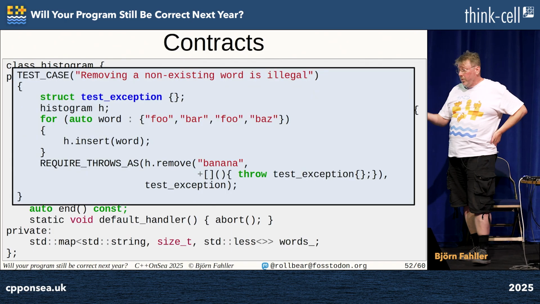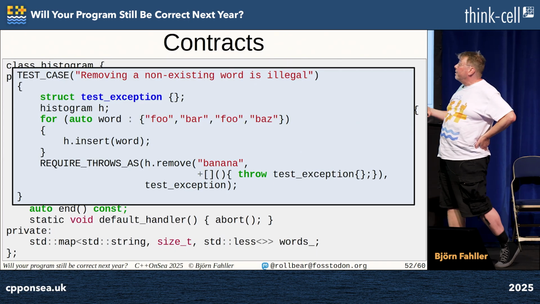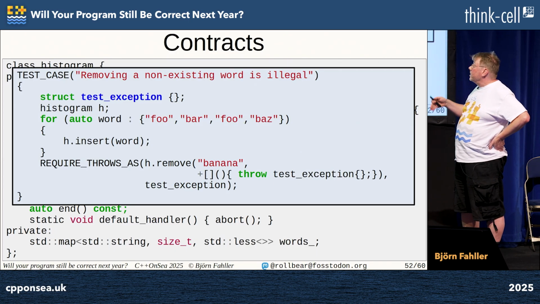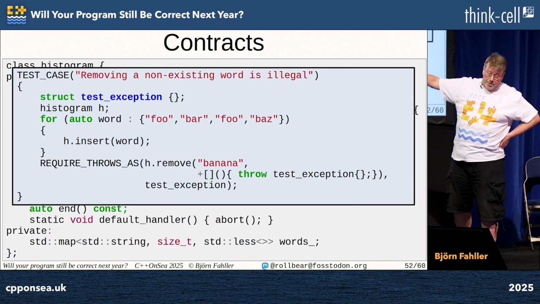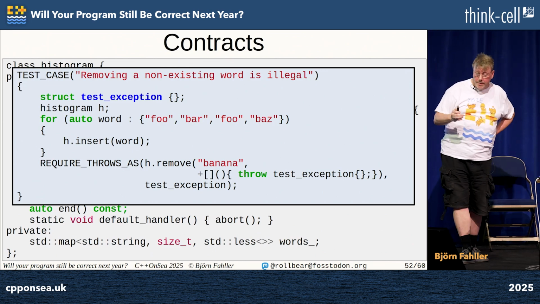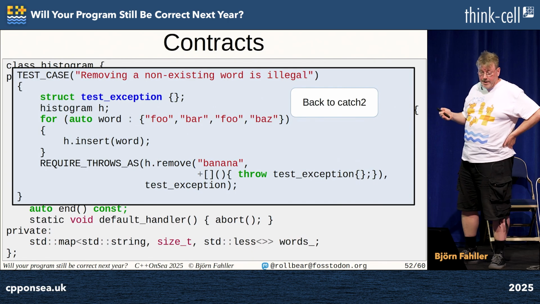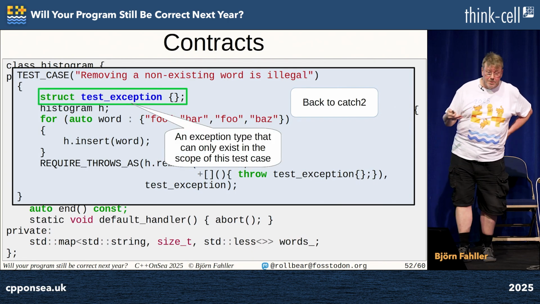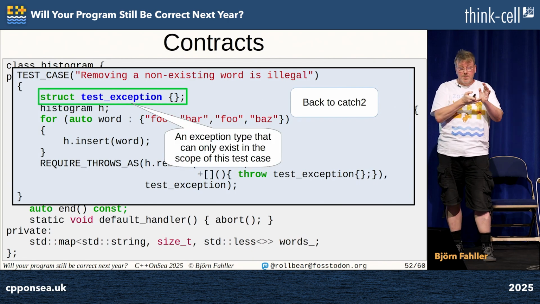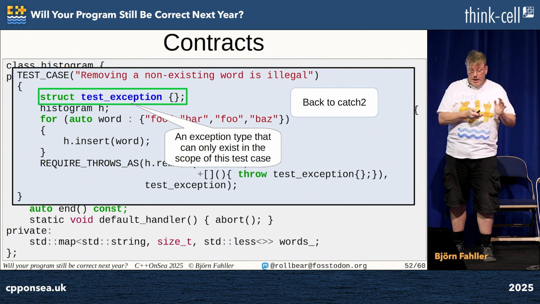So one way of testing this, if you don't have death tests, is, for example, to do something that could never happen otherwise. So here, back to Catch 2, I introduce a new exception class that exists only in the scope of this test.